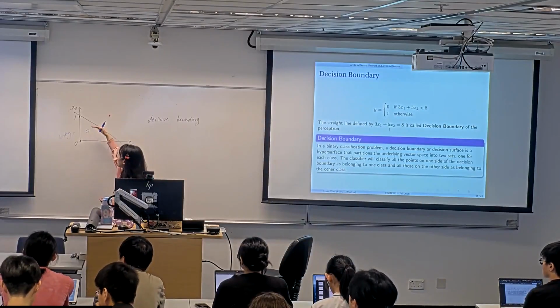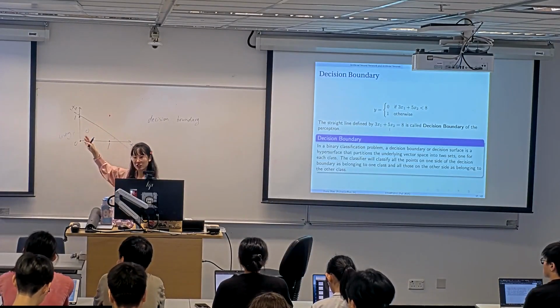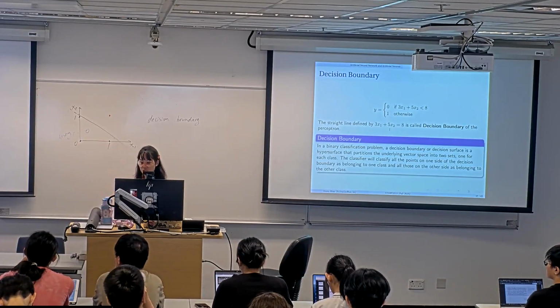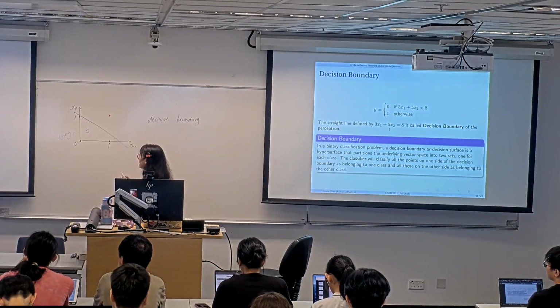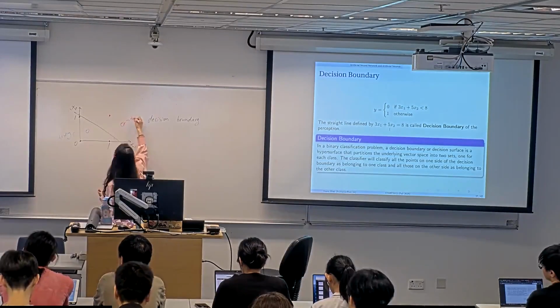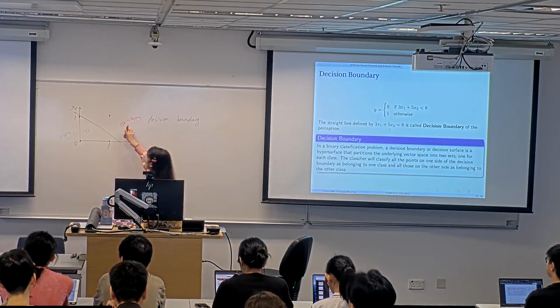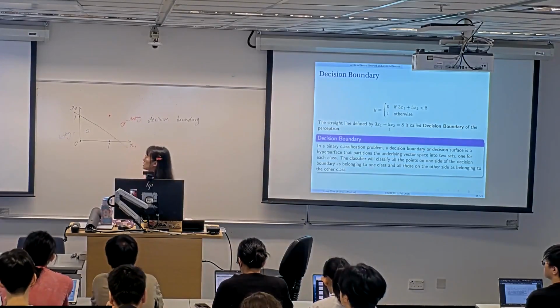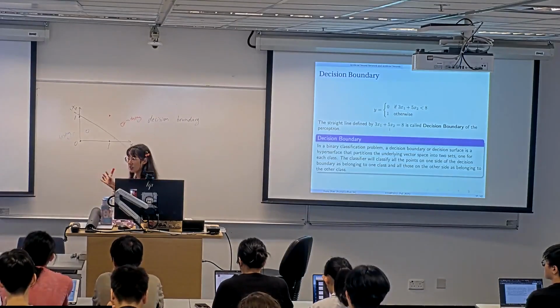It belongs to this class, which shares the same class label with these 3 points. And if you have a new testing data lying here, suppose this is another testing data, then you should predict it to have the class label 1. So the decision boundary is used to do the prediction later on.